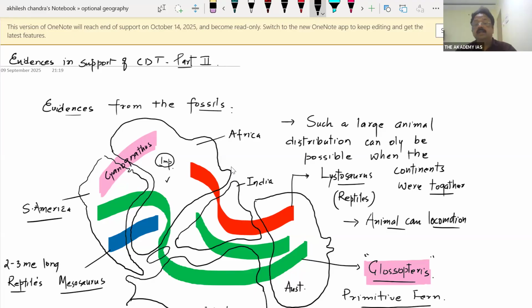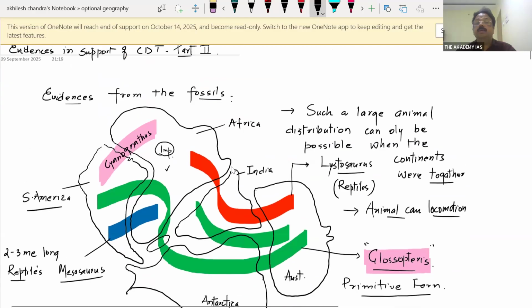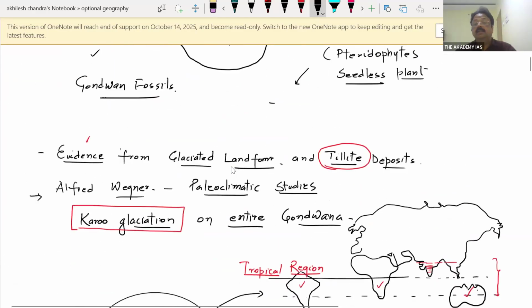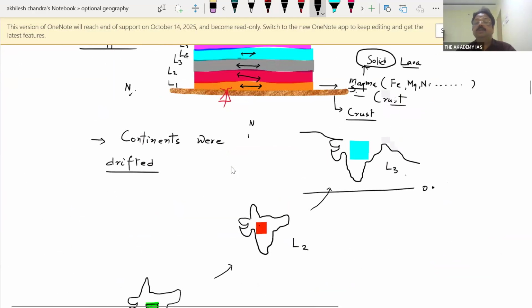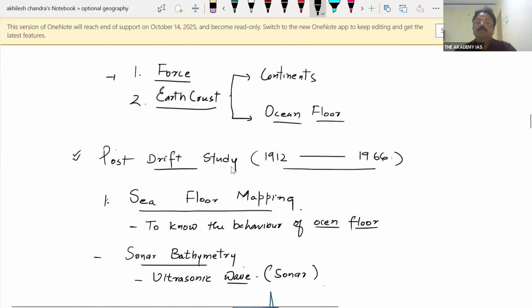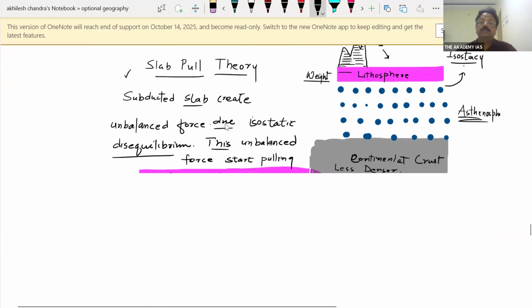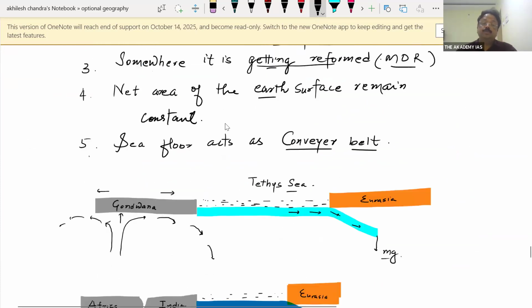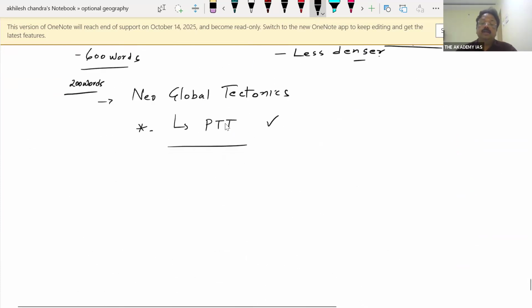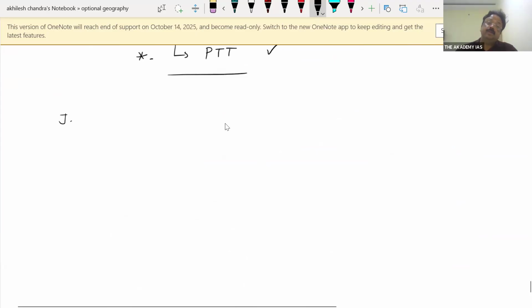Basically, what is the Wilson cycle? Formation of Pangea and then reformation of Pangea 2. So basically, I'm just giving you the idea of the Wilson cycle. It was also proposed by the same J.T. Wilson. I will discuss it after the plate tectonics.